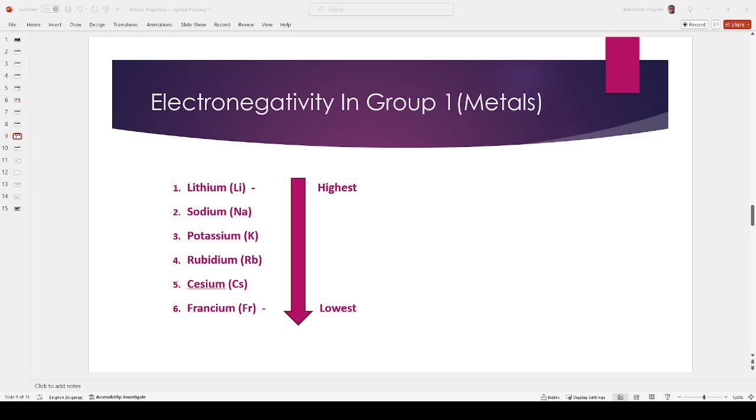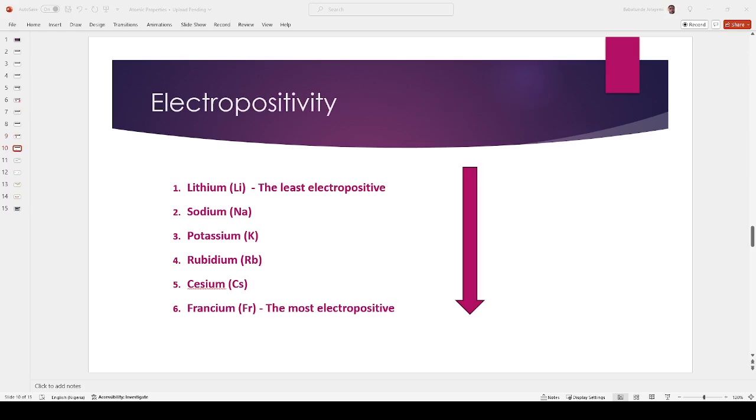However, francium is the most electropositive element, while lithium is the least electropositive element. This is an opposite trend in the same group. In this diagram, as you can see, lithium is the least electropositive, while the most electropositive is francium.